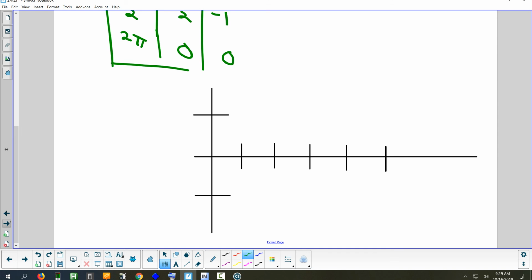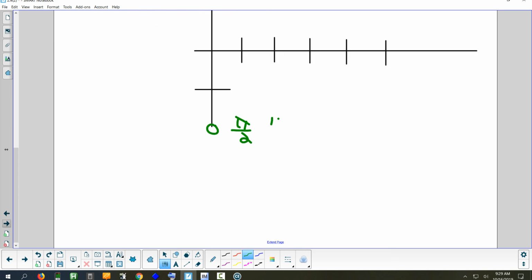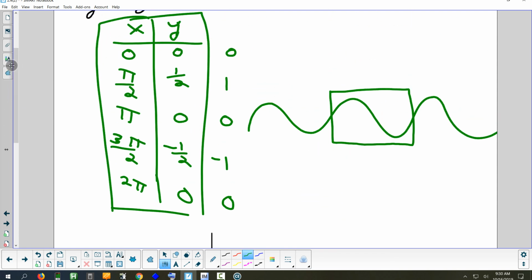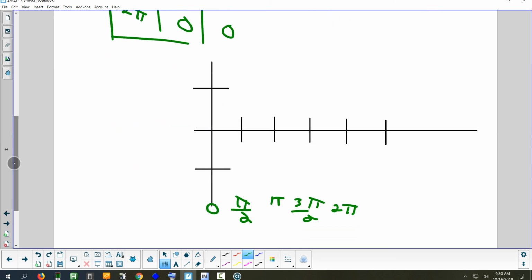So we got our x's. 0. If you don't label 0, that's fine. The axis is always 0. But you got to label everything else. Okay. And what's the highest and lowest that I need to go here? Half, negative a half.